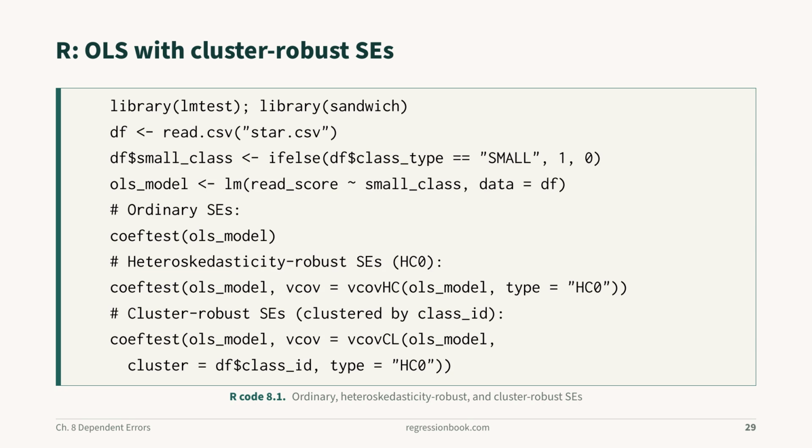The R code for clustering walks the star data through the 3 levels of the hierarchy: ordinary standard errors, heteroscedasticity robust, and cluster robust by class through the clustered covariance function. 3 calls, 1 fitted model, and the comparison from the earlier table reproduces itself on your screen.